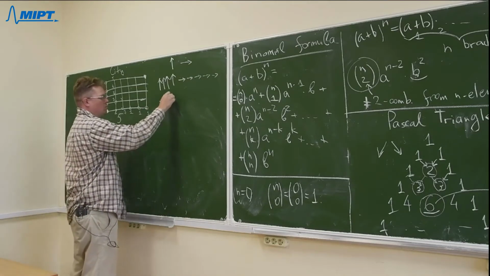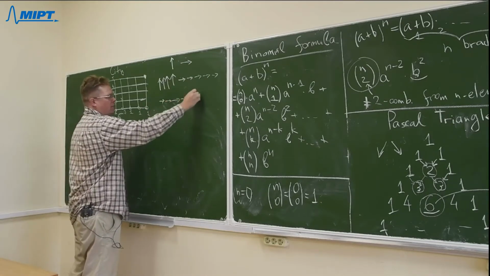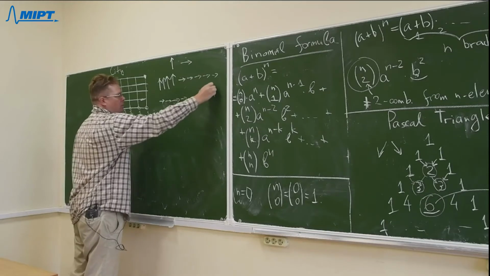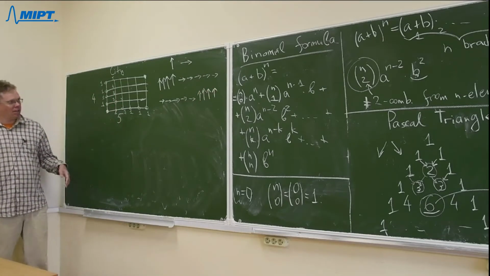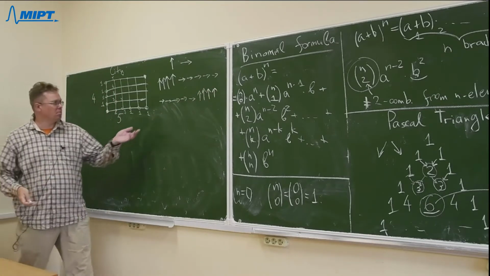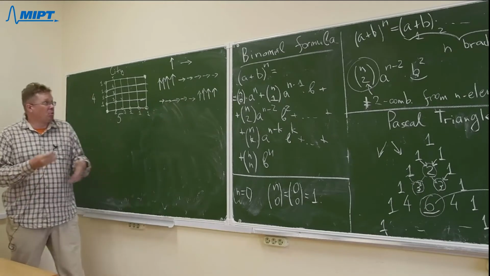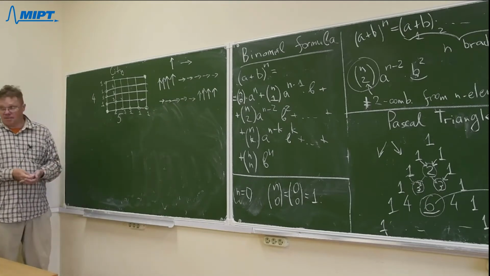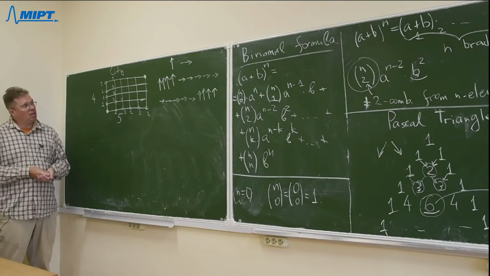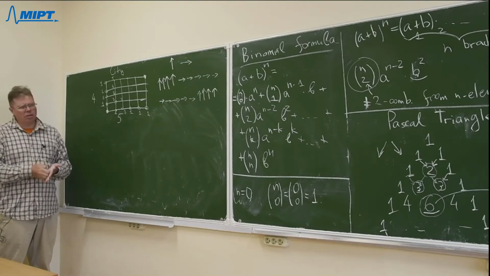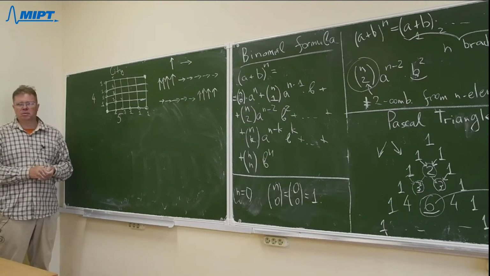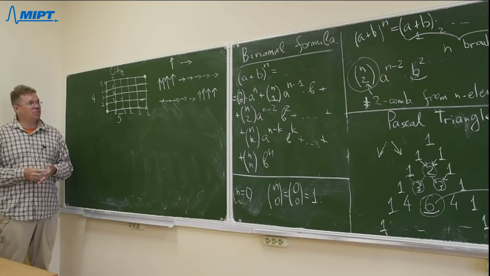Or first I want to go right, and then I want to go up. And so I need to calculate all the possible permutations of these ups and rights. And so how can I calculate it? Yeah, it will be a combination, but why?